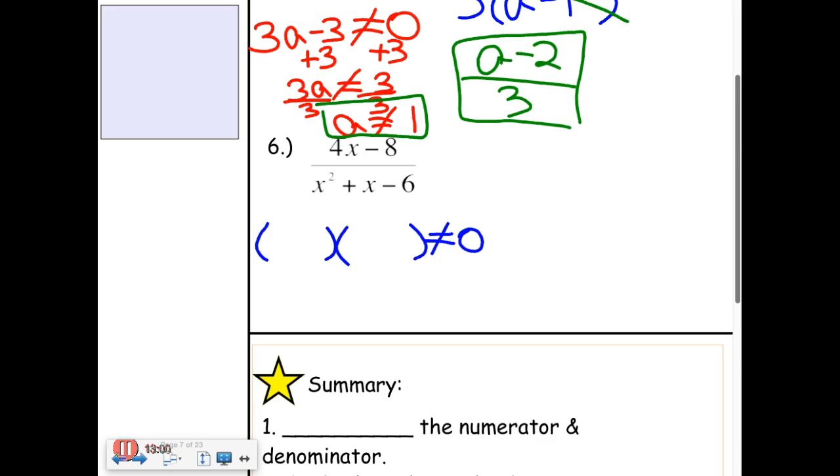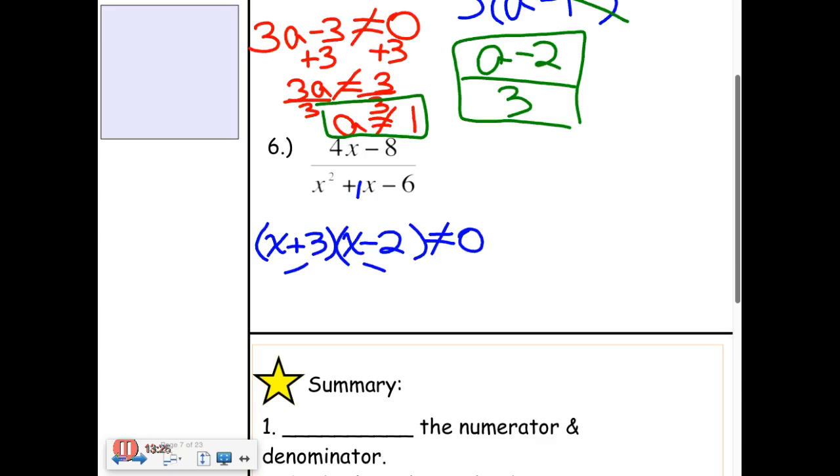And the only way to get x squared is we need to have x times x. To get a negative 6, I would have a positive, negative. And then again, I need two factors that when I multiply, give me negative 6, but add up to 1. And that's going to be positive 3 and negative 2.